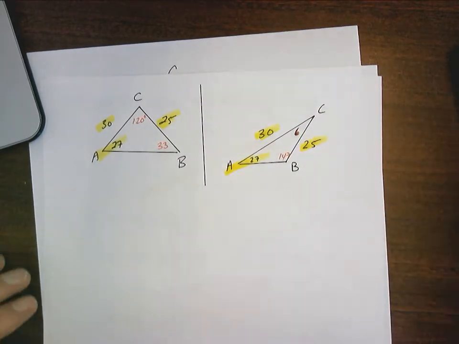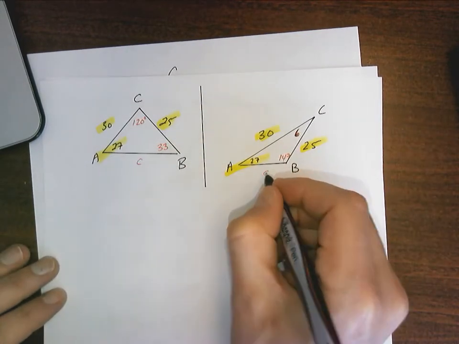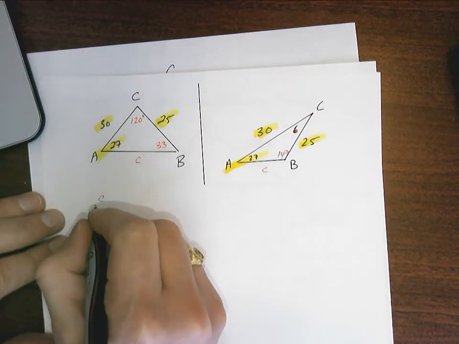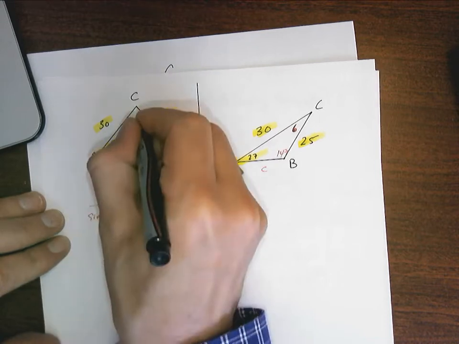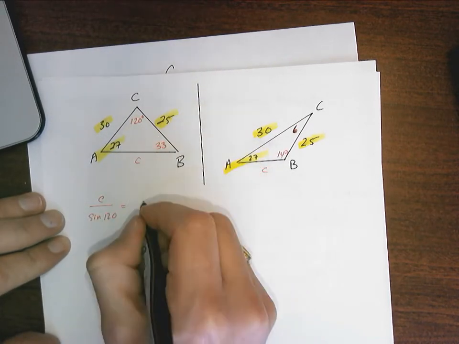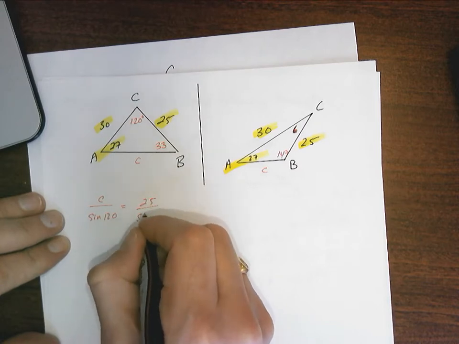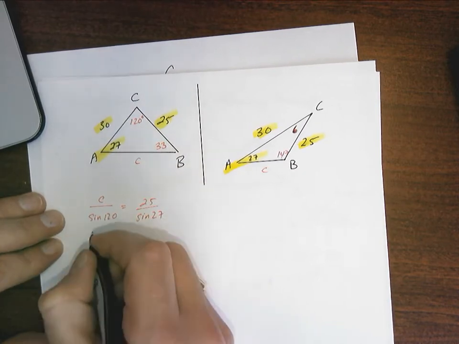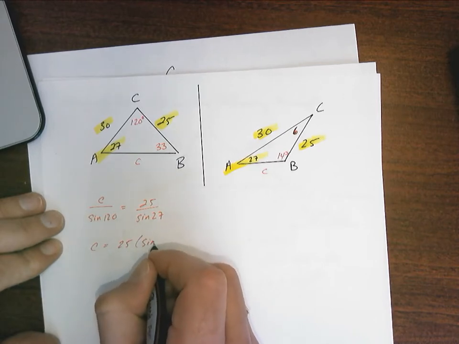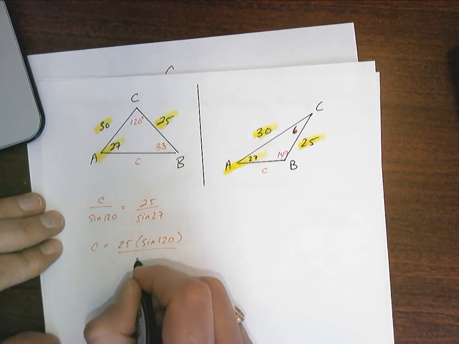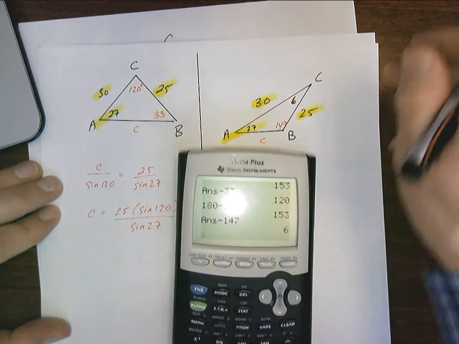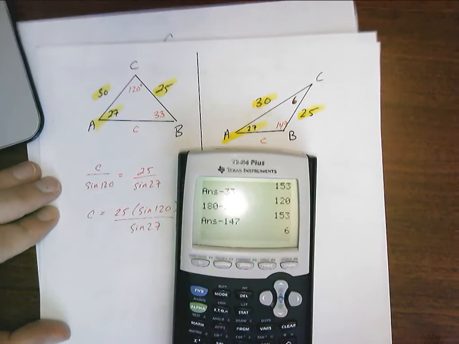This side length C, in the first triangle, we can use the sine law again. We can say that C over sine of 120 is going to equal 25 over top of sine of 27. That'll give you C equals 25 sine of 120 over top of sine of 27. Let's take a look. Is that focused? Let's see.